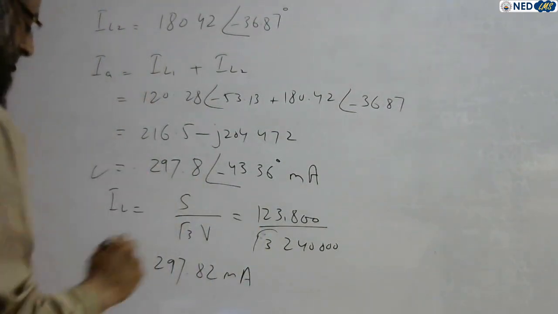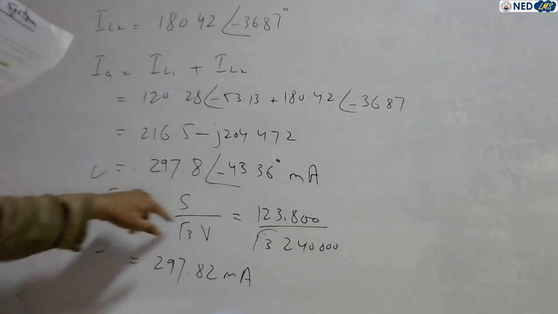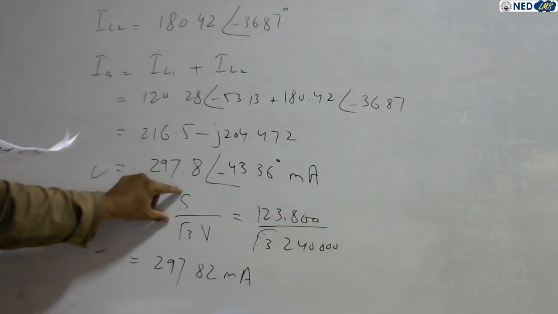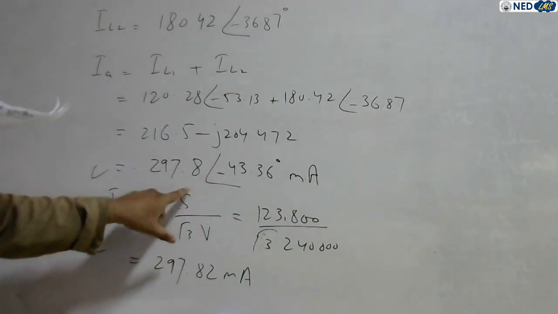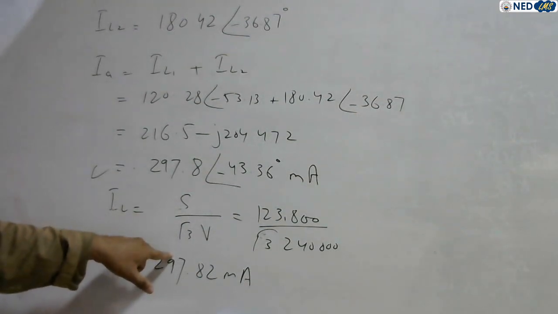See, the same current. This is an alternate method. You can calculate by total apparent power, which was the sum of load 1 and load 2, S1 plus S2. If you divide the total apparent power by these quantities, you will get the total line current.